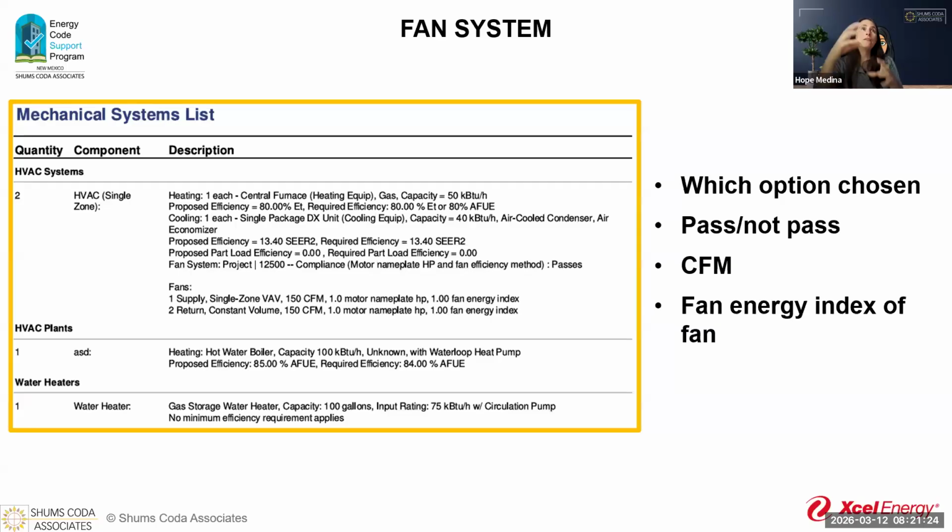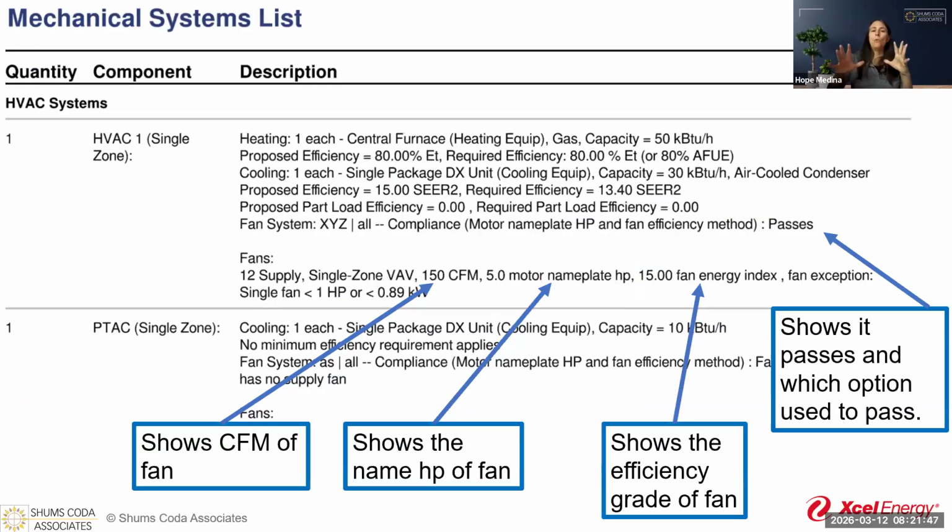It also gives us the efficiency of that fan, because guess what? If we're going to have a fan running in a system, which we have no problem with, the energy code's like, yes, please use a fan system. The only thing we ask is that fan be energy efficient, which is basically what we are looking at on this.